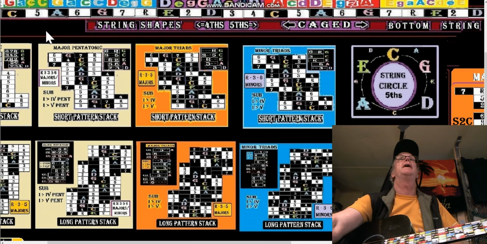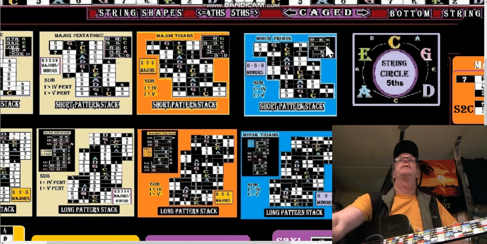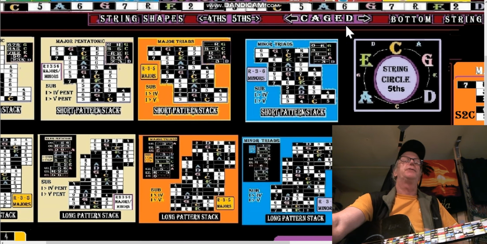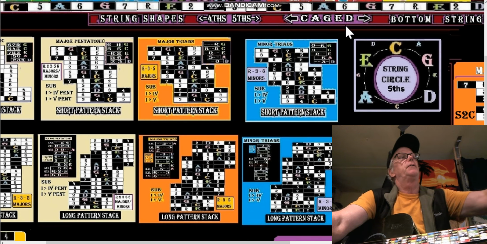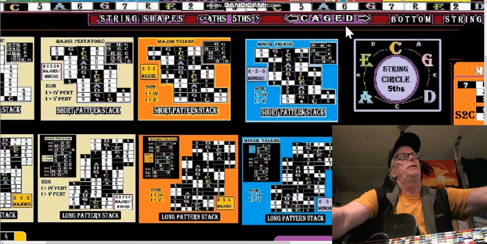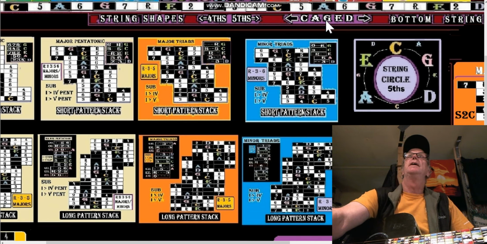If we're going to do every letter on the string shapes, or if we're going to skip every other letter, when we go to the right, we're going to skip every other letter in the pentatonic scale. So it would be D, skip E to G, skip A to C, skip D to E, skip G to A, skip C to D again.